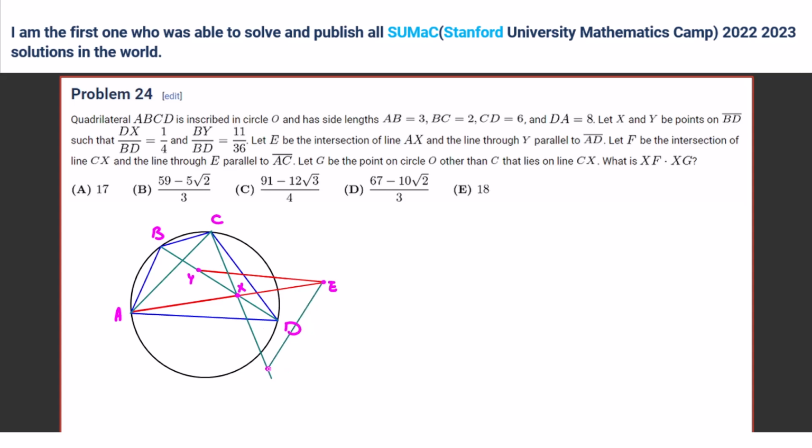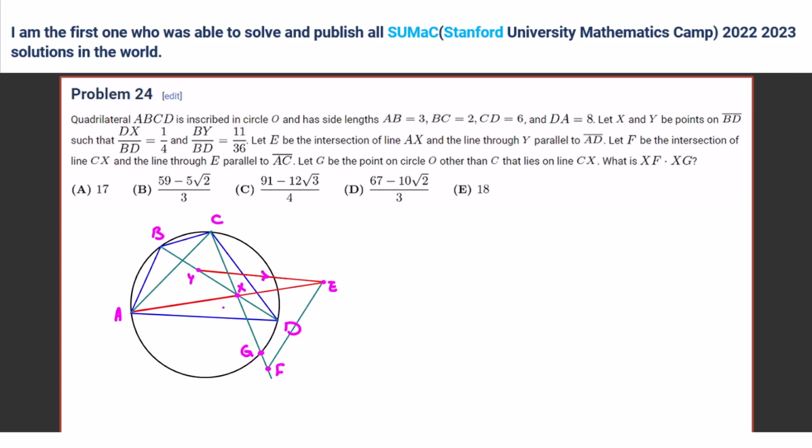We call it F. And it says let G be the point on circle O other than C that lies on the line CX. What is XF times XG?